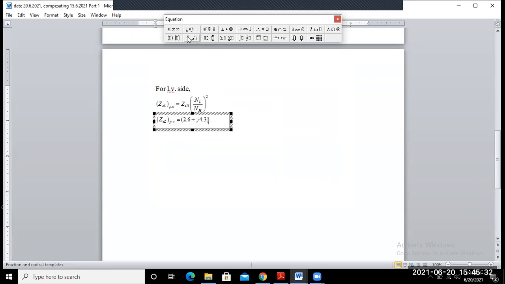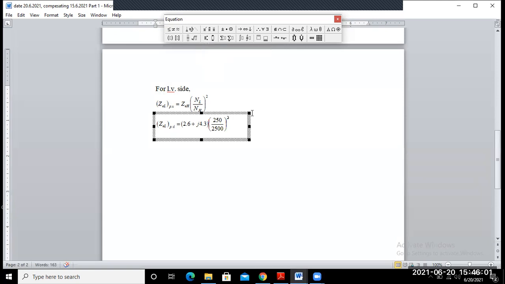Okay, so 250 divided by 2500, whole to the power square.